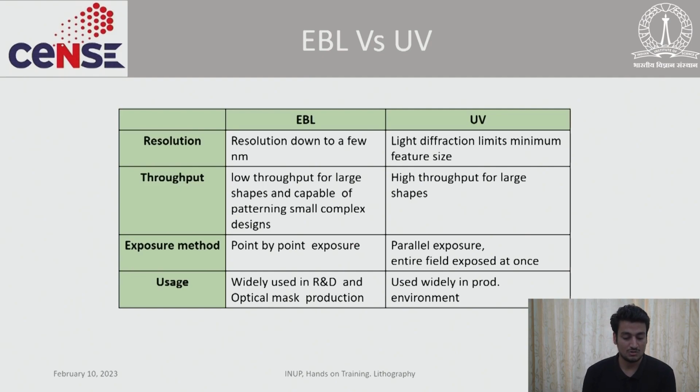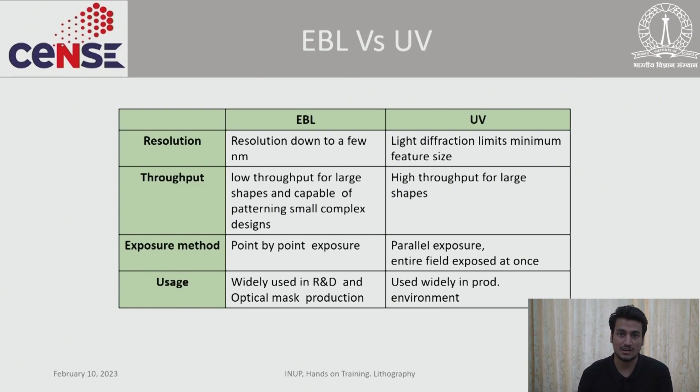If we compare throughput, in EBL the throughput is very low, whereas the number of samples which you can produce is very high in UV, because the lithography process time is very short in optical lithography, whereas in electron beam lithography it is very high.